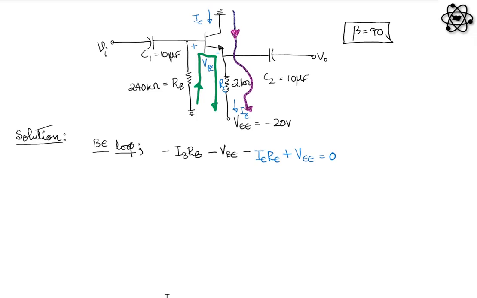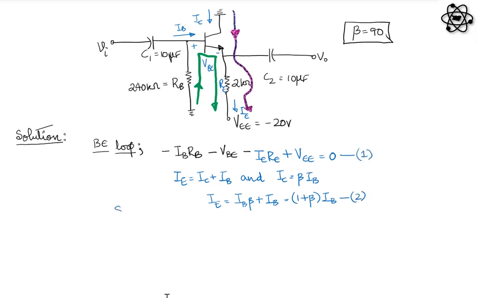Now you might be wondering as to how did I make it as plus VEE. The detailed description of that I will explain at the end. So here I have the emitter current to be a combination of collector and the base, and IC is equal to beta times IB.